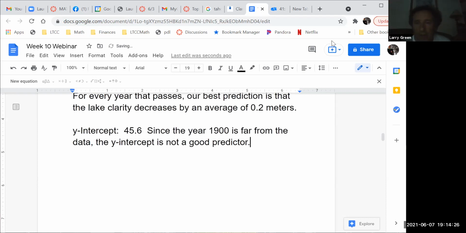Predictor, I think, is a better word. If we decided it was for some reason, then we would say that our best estimate for the year 1900 is that lake clarity was 45.6 meters. That's how we would use it.